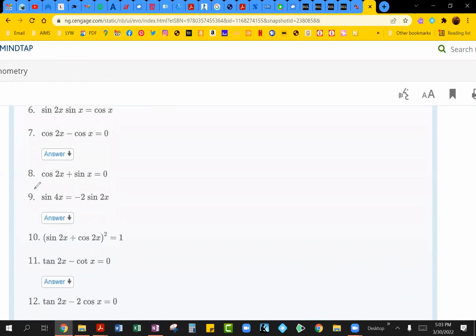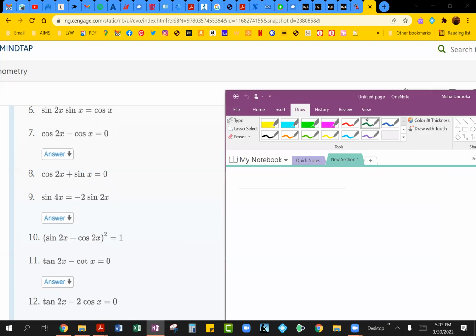And as you can see, guys, number 9 here is dealing with these double angle or multiple angle problems. So how can we simplify them using these formulas that we have? Let's save this, and I'm actually going to move this to our notebook.